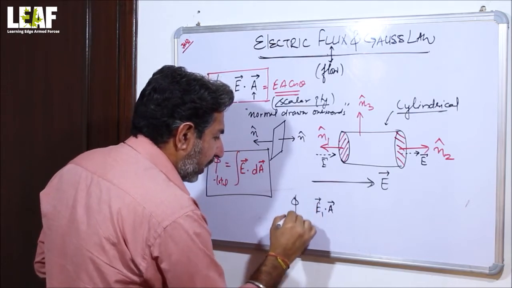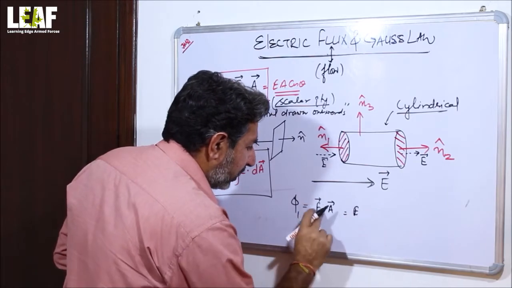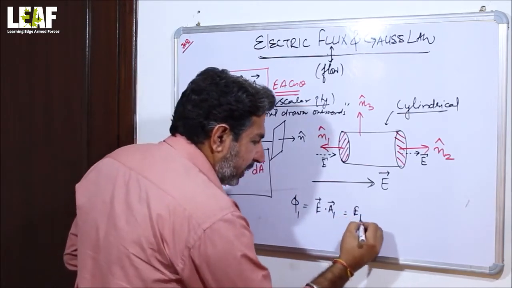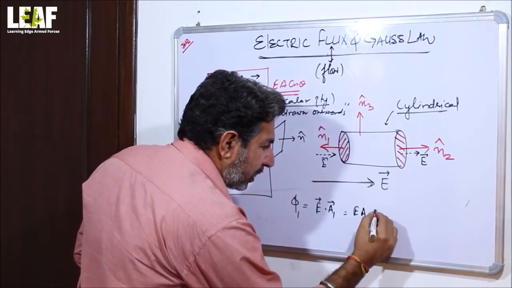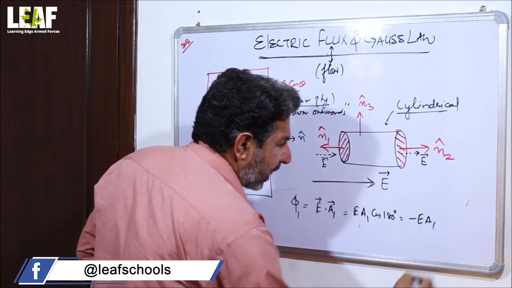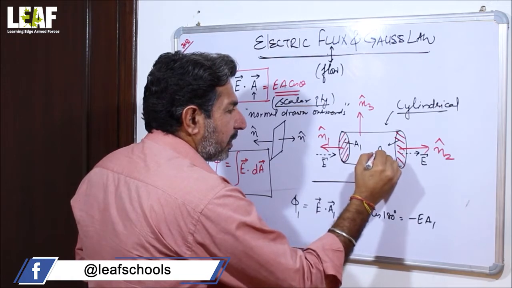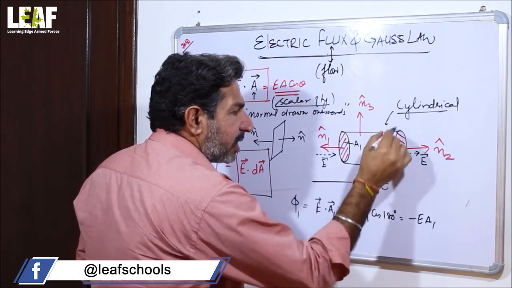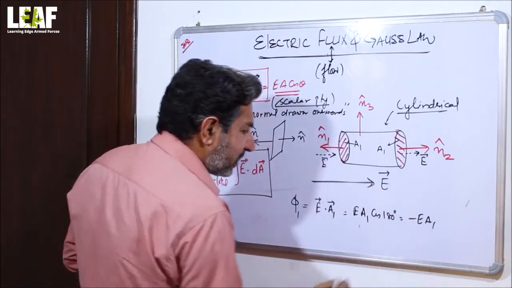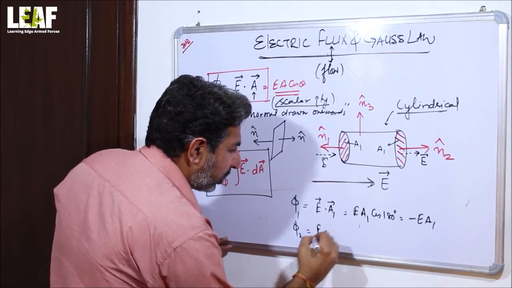So I must write it as phi 1, which is E A1 cos 180, so it is minus EA1. A1 is the magnitude of this region. Even this region has the magnitude A1, they are the same in value. So it is minus EA1. For phi 2, it is E dot.